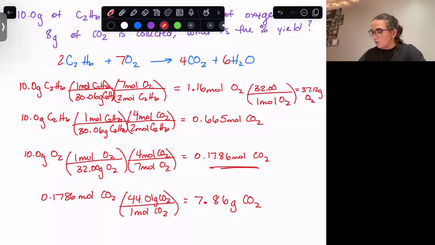Okay, so now that we found our limiting reagent to be oxygen and that we can produce 7.86 grams of CO2, what does that tell us? Good, this becomes our theoretical yield.